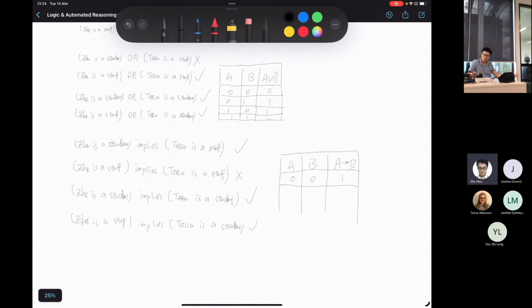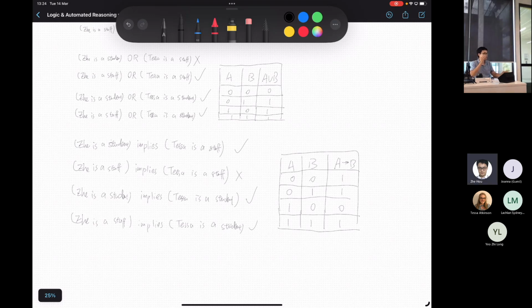If A is false and B is true, then obviously it's still true, because the left-hand side is still false. If A is true but B is false, then it's false. That's the only case when the implication is false. And if the left-hand side is true and the right-hand side is true, then it's true.